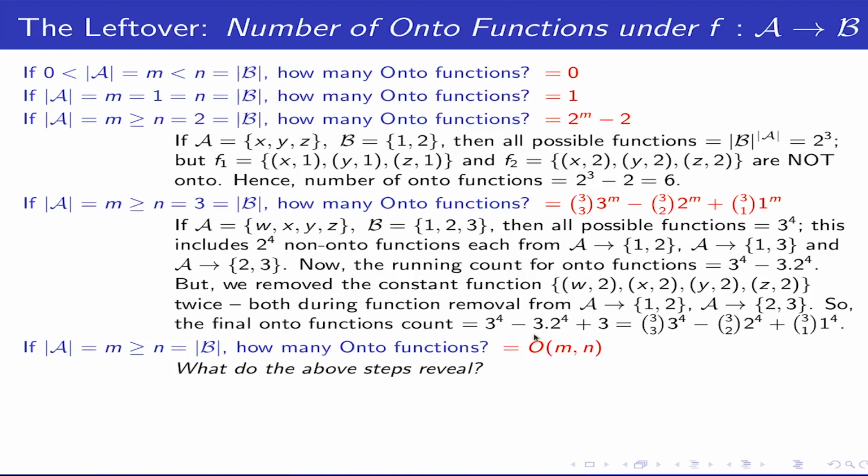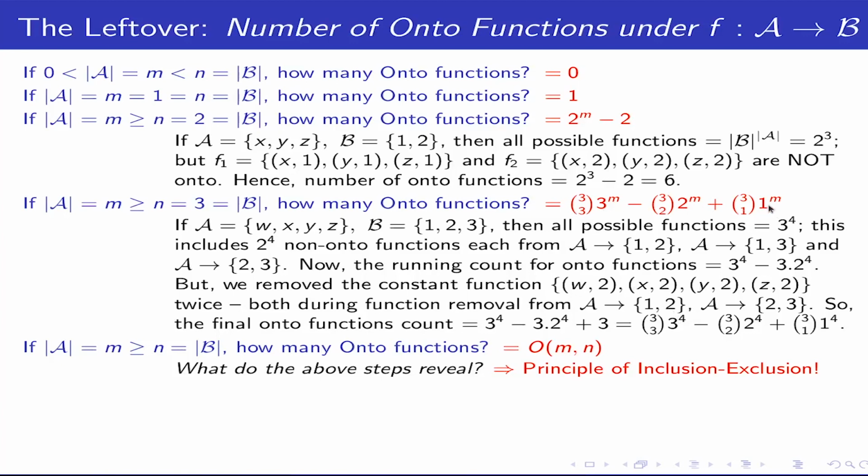If we say that the number of onto functions is O(M,N) from a set of size M to N, what we are smelling is the principle of inclusion and exclusion. We are including all functions, excluding the functions that are not qualified. If we excluded more, we include it again, and this process will continue.